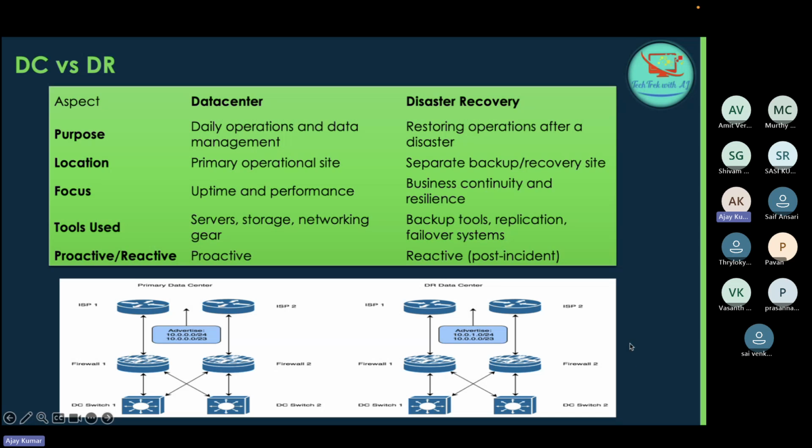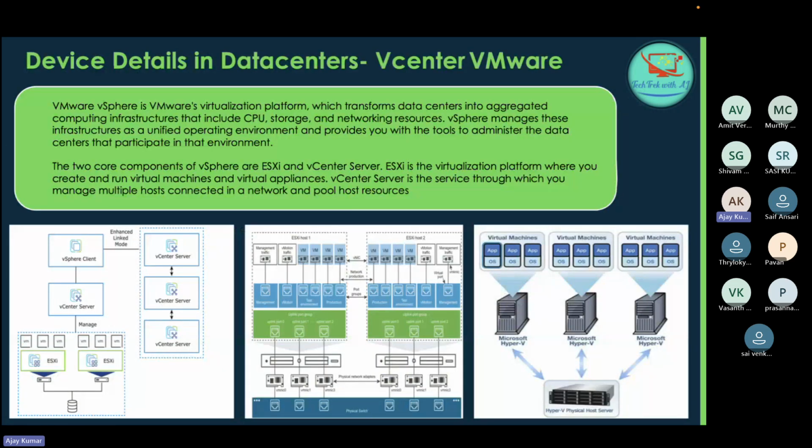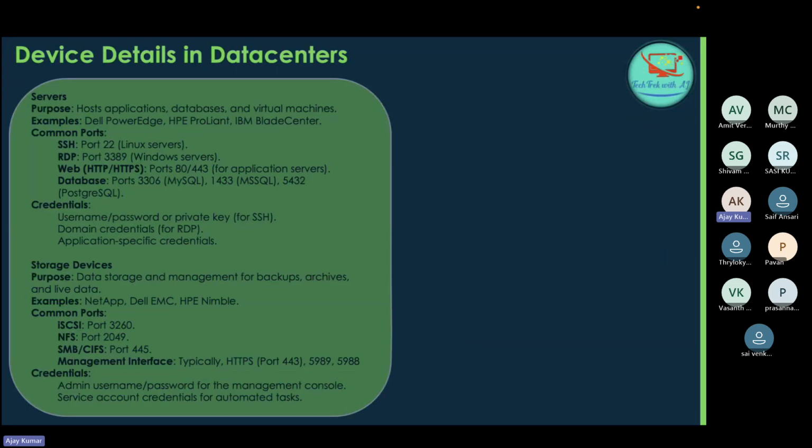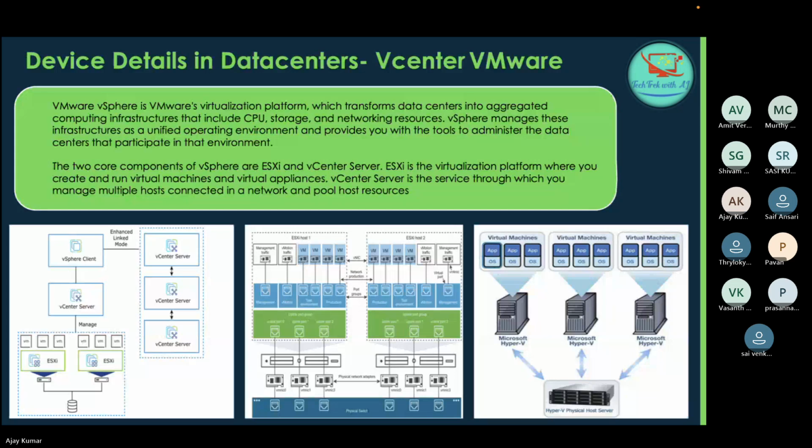Now let's talk a little bit about the devices available in a data center, how they are working and how they are aligned. Let me move to this particular slide. Yeah, this one. This is a simple example of virtual machines. I hope you have already heard about virtual machine concepts on the infrastructure side.